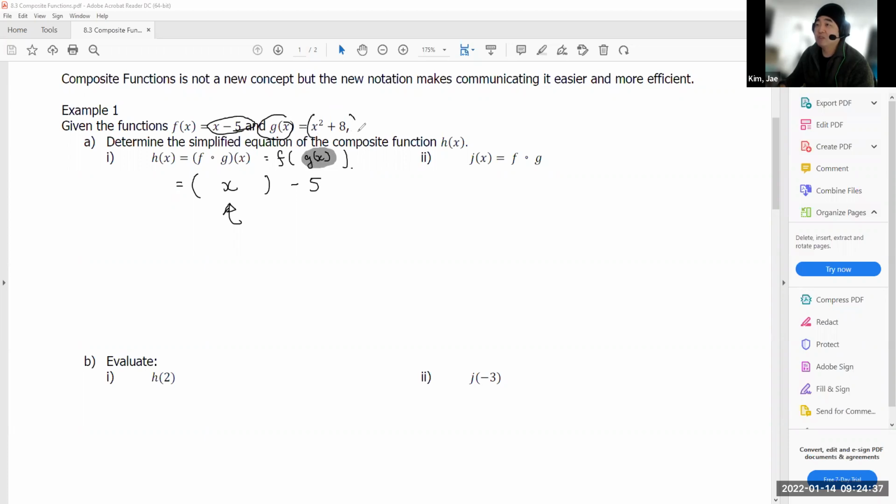So every time you see the g of x, you are going to plug in g of x, x squared plus 8. So h of x actually equals this value. That's it. And I think I made a typo here. G of x should be, let's scratch this out and do a new one. This is g naught f. What does that look like then?